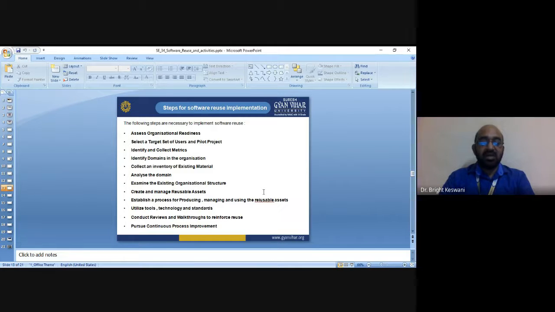In the second step, you should identify a set of product efforts that may be good candidates for reuse.